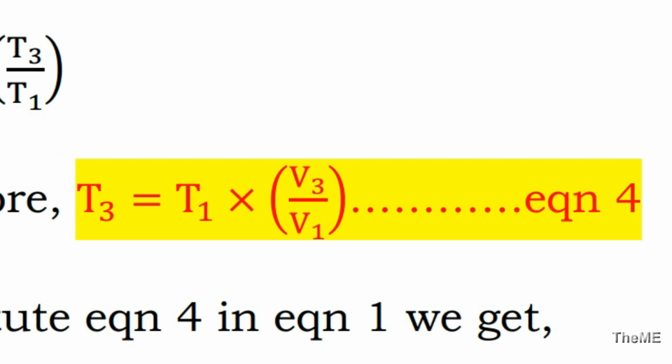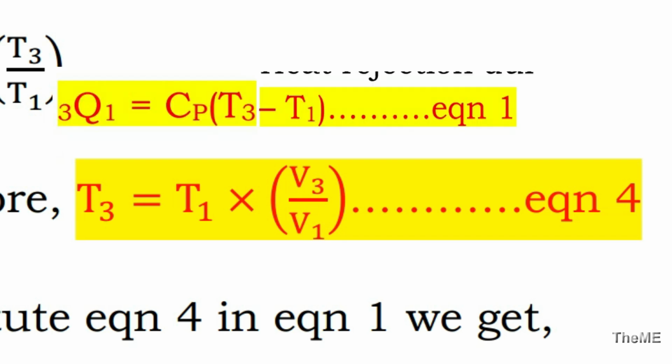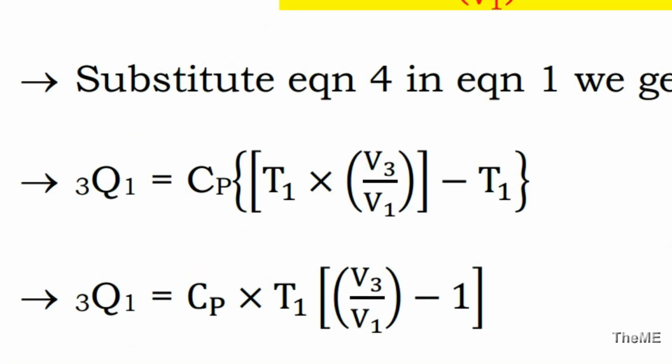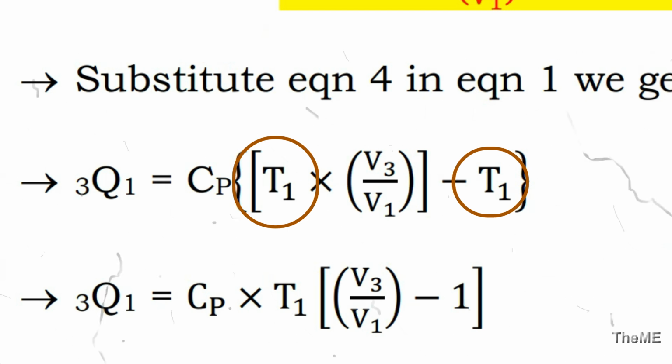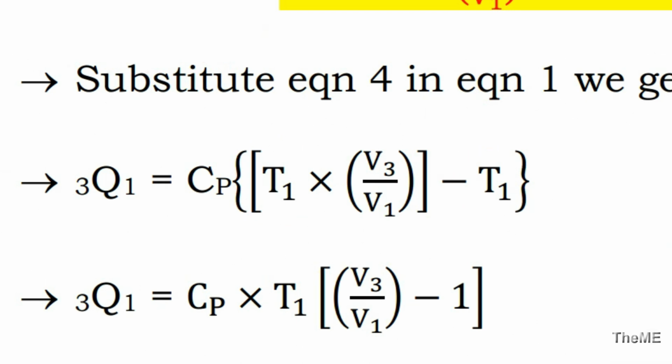Now I have found the value of T3 and I will substitute this T3 in equation 1. So the next step will be Q3-1 is equal to Cp into (T1 into V3 by V1 minus T1). Now take T1 as common. So Q3-1 is equal to Cp into T1 into (V3 by V1 minus 1).